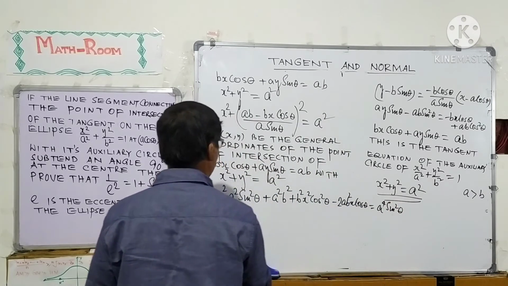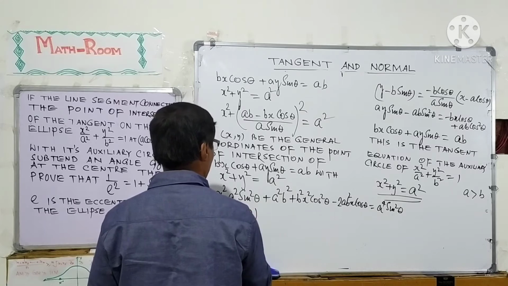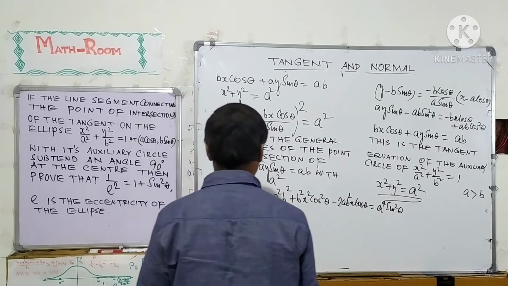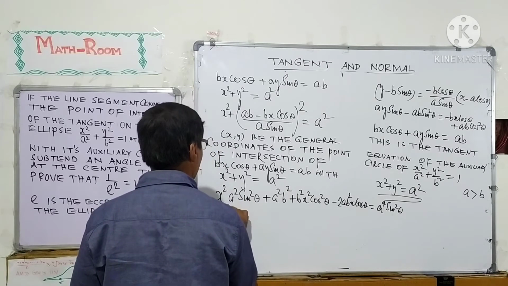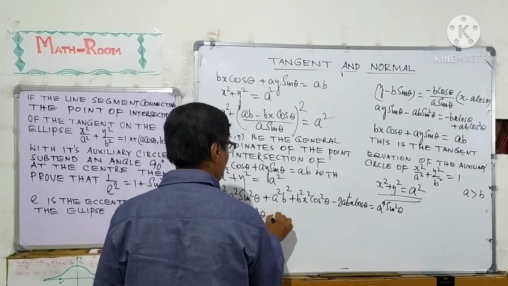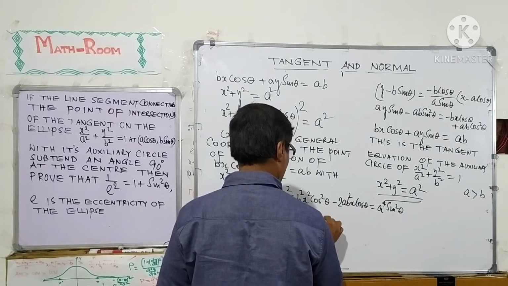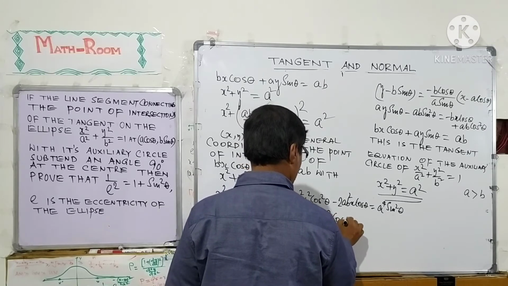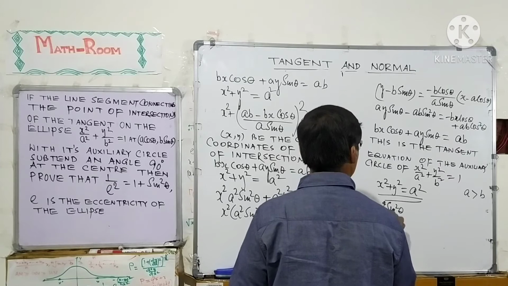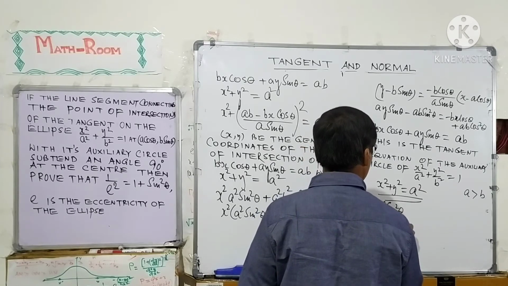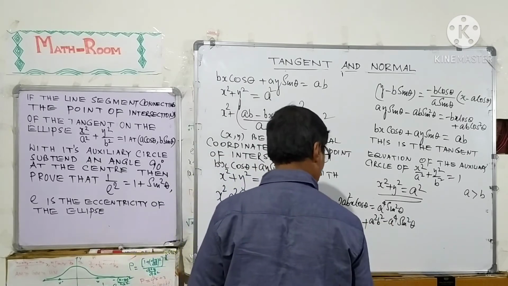So, x square into (a square sin square theta plus b square cos square theta) minus 2ab square cos theta x plus a square b square minus a to the power 4 sin square theta.